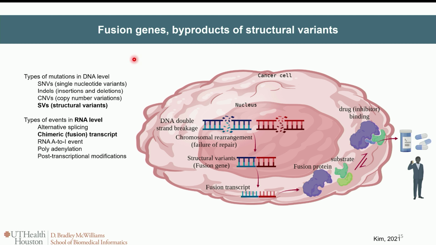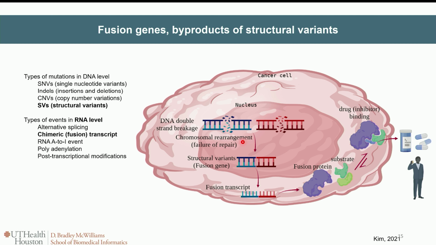So this is a cancer cell, and inside the nucleus there is DNA. Due to certain factors like epigenetic factors or chemicals, DNA double-strand breaks can happen at the same time in two differently located genes, and then our cell tries to repair this event, but it fails.